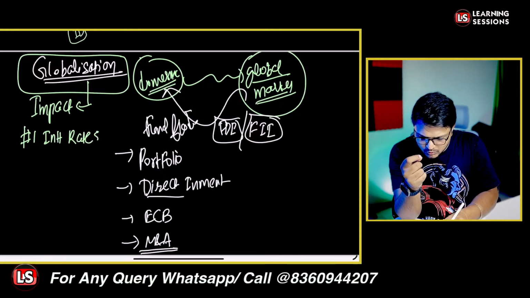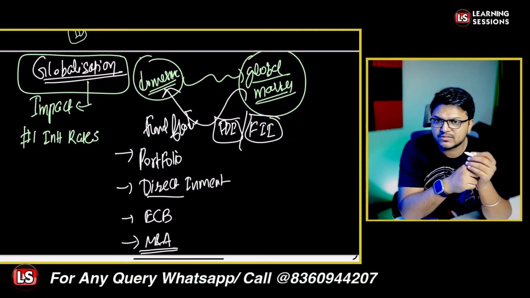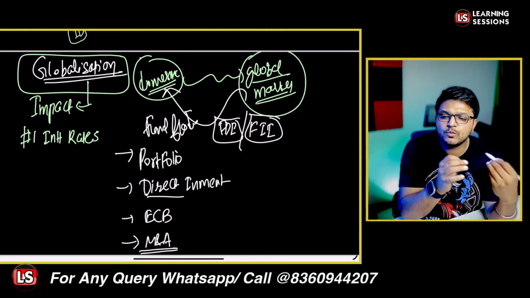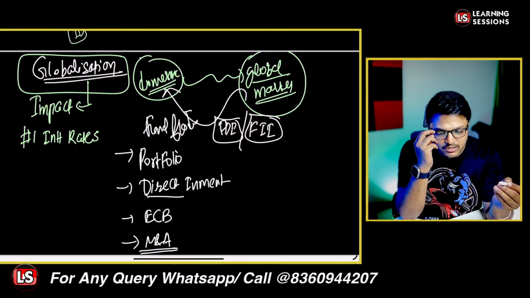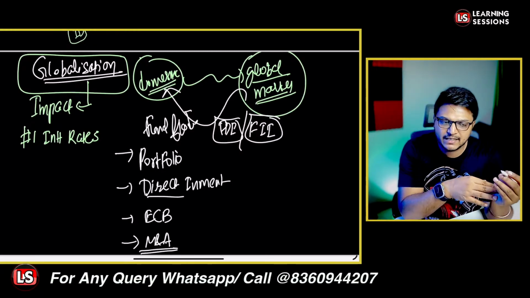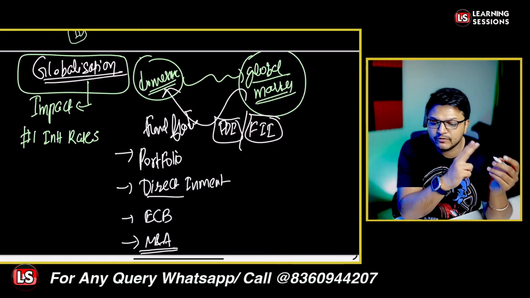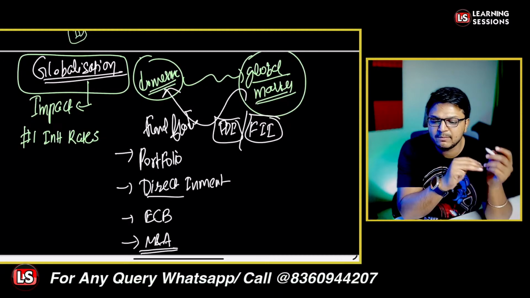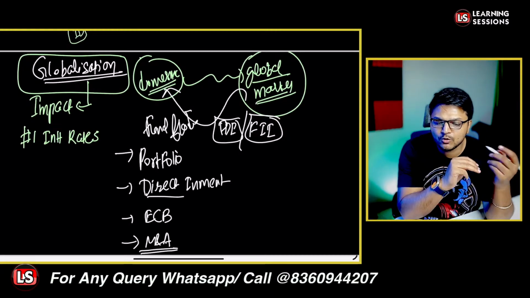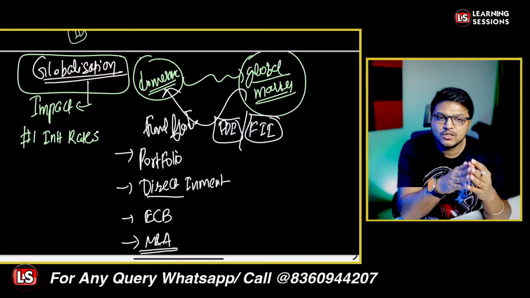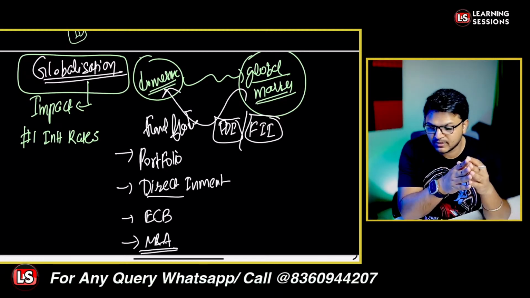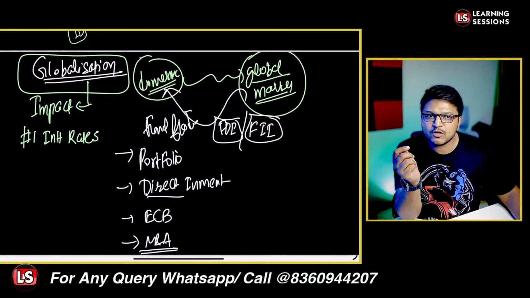And further, it gave the formation of new institutional structures: CCIL, that is Clearing Corporation of India Limited, NSDL, that is National Securities Depository Limited, CIBIL, Credit Information Bureau Limited, and credit rating agencies. These infrastructures were built based on globalization only, right? And also the Reserve Bank of India has phased out the different product range.